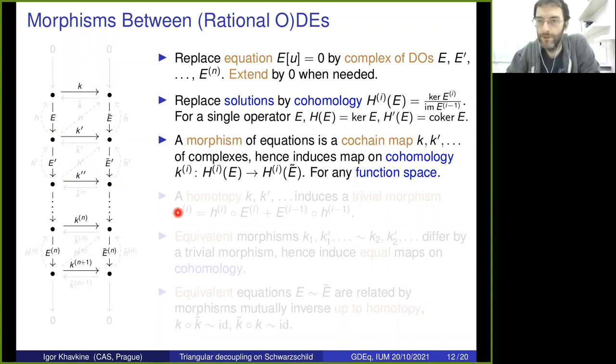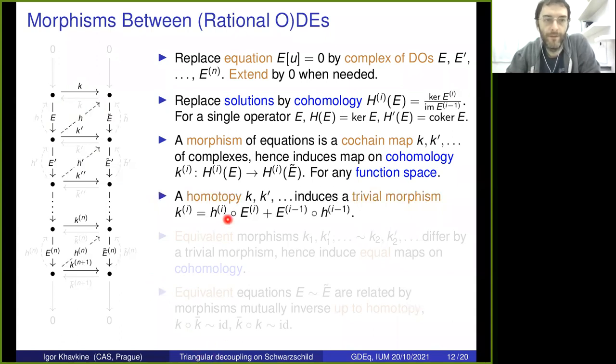That's what it means for this diagram to be commutative. And once you take this commutativity as an axiom, the desired property that a morphism between differential equations will map solutions to solutions is a simple consequence. It's just a matter of following the arrows in this diagram and decoding the commutativity of the diagram.